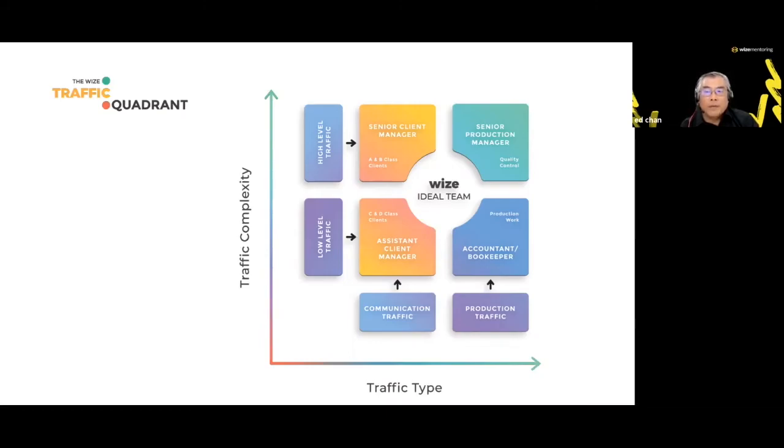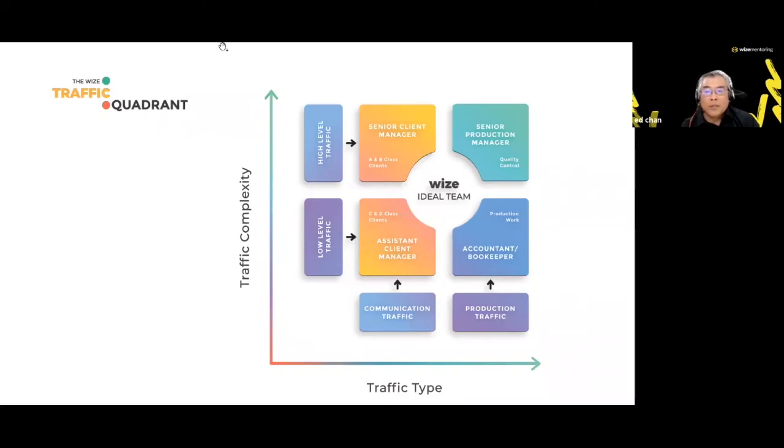Now, that leaves the senior client manager with the communication with the A and B class clients. So they then need to work very closely with the senior production manager, which is the one on the top right-hand corner. And together they work in a team.